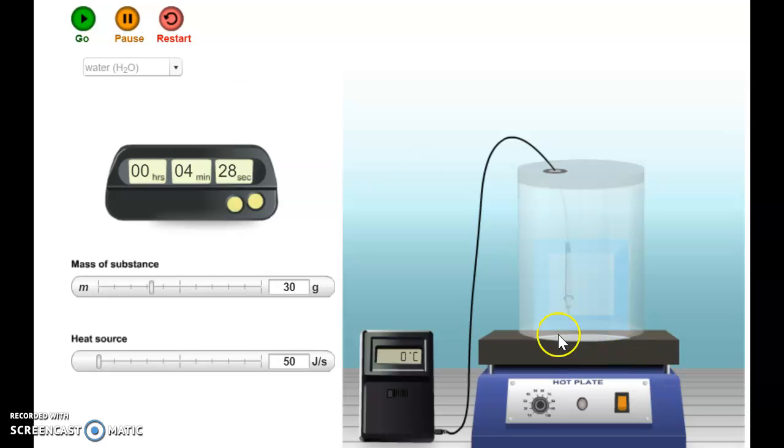So here we see we have liquid water at the bottom of our beaker. The temperature is now 0 degrees Celsius, and the ice begins to melt at 4 minutes and 28 seconds. And temperature is 0 degrees Celsius.